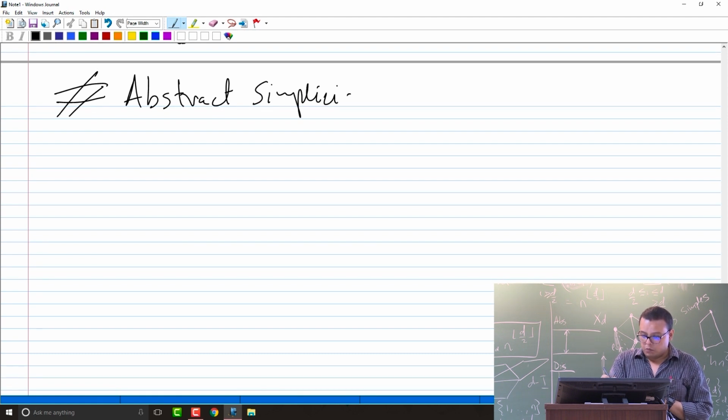Also, when you do computations, you are basically working with, most of the time, abstract simplicial complexes. Obviously, they will have a geometric representation and so on, but normally the game you play is a game of subsets. So, you will see why I am saying subsets, abstract simplicial complexes.